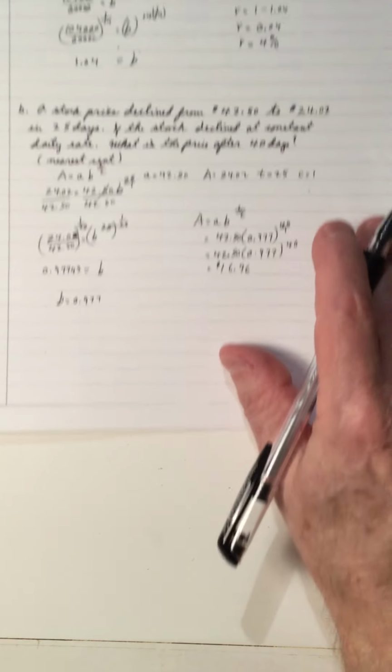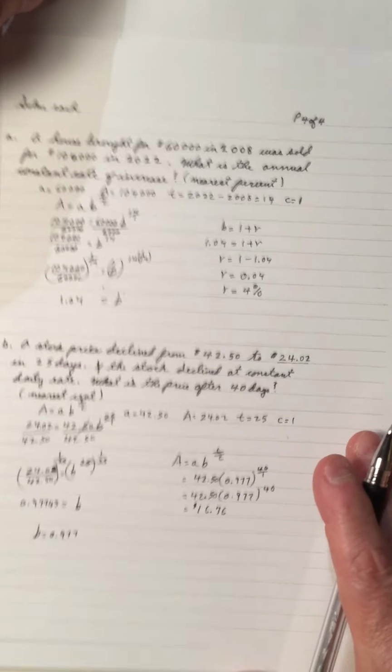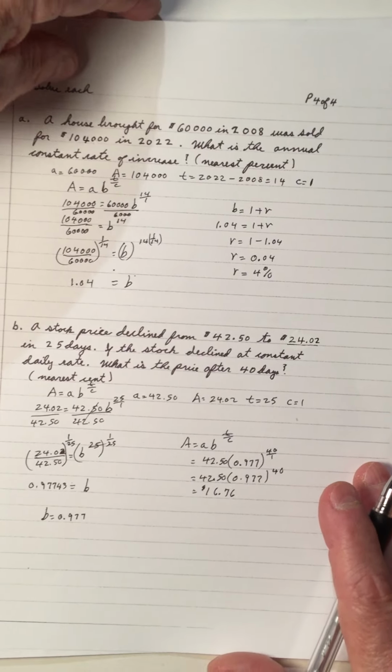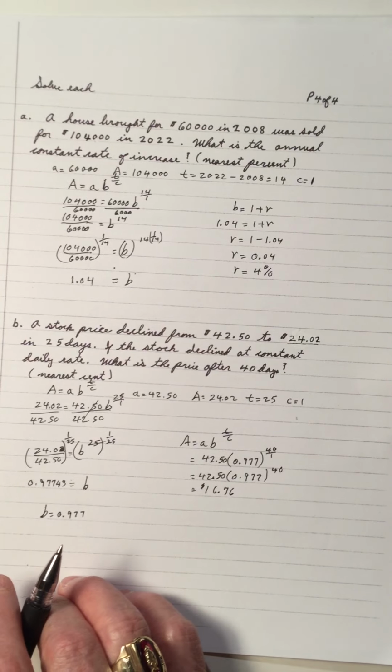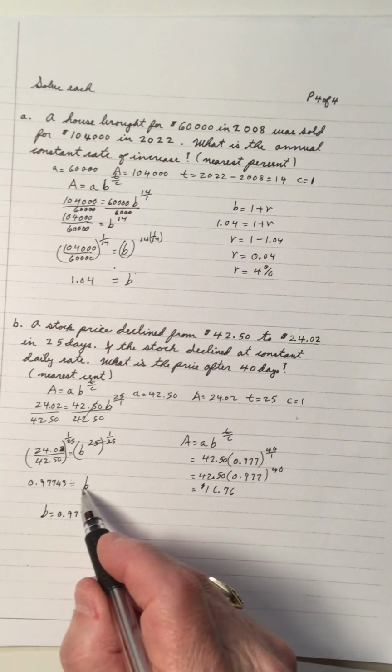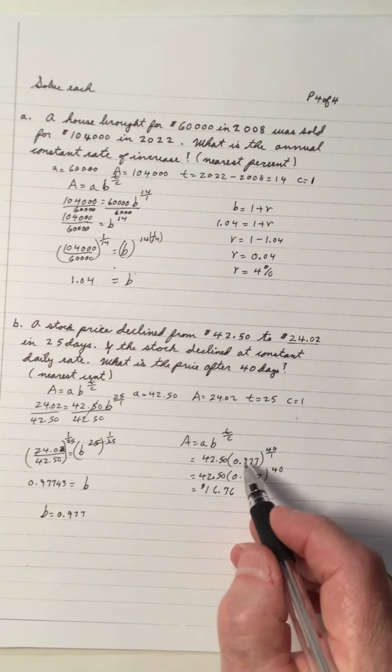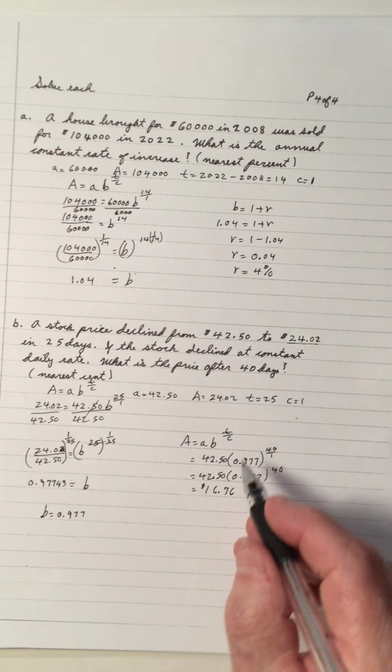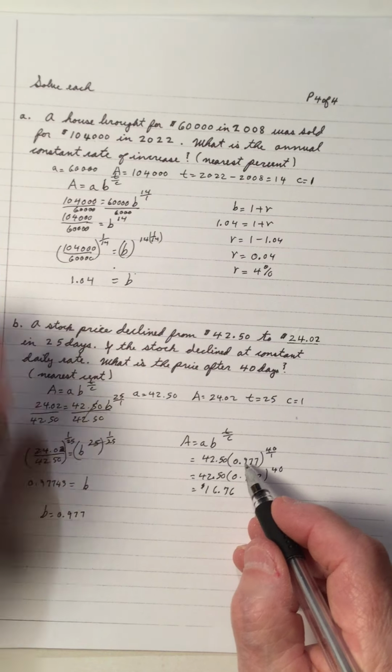So notice in this problem, sorry about moving this around, but I just want to keep everything in line. Notice that I had to work it out for the 25 days to get what the base is, and then that base is going to follow through for the 40 days. It's because it's the same daily rate.